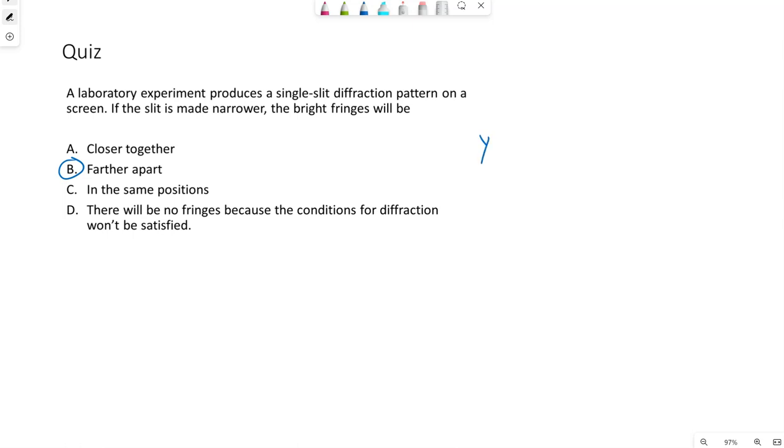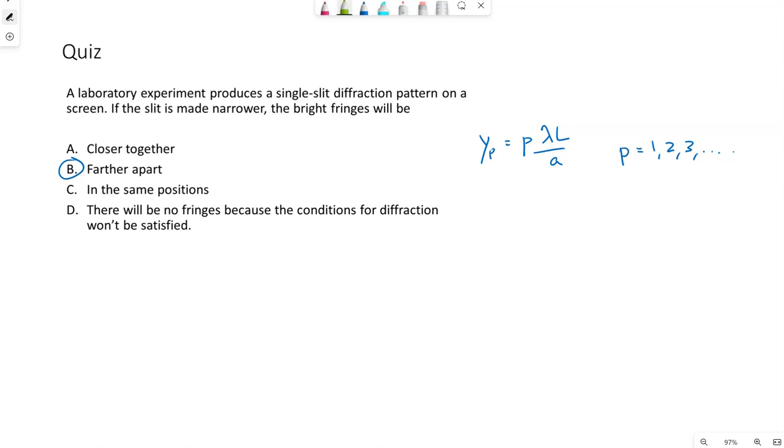We have y sub p is equal to p lambda L over A, where p is a multiplier, 1, 2, 3, 4, 5, and so forth. Now this equation is specifically for the dark fringes, but the bright fringes exist everywhere between these dark fringes.